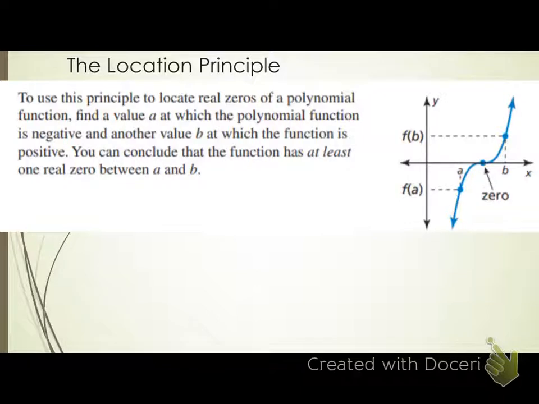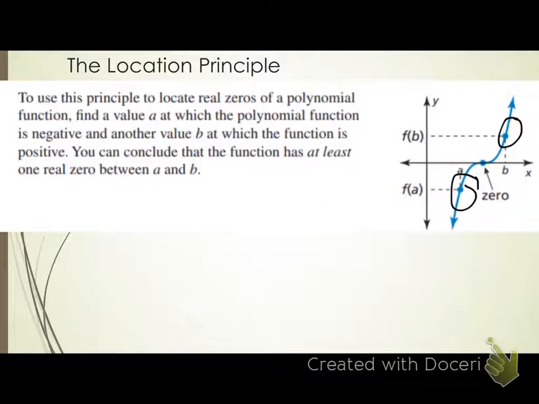To use this principle to locate real zeros of a polynomial function, find a value a, here's their a value in this example, at which the polynomial function is negative, and another value b, at which the function is positive. You can conclude that the function has at least one real zero between a and b. So let's think about this real quick.